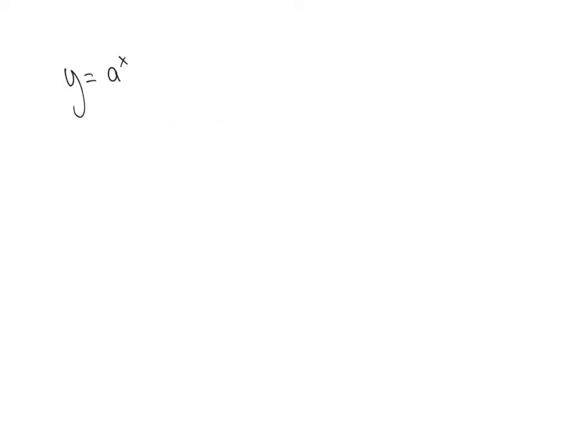So the first thing I need to do is rewrite it kind of fancy. I could rewrite this as e to the ln of a to the x. Because e and ln are inverses of each other, e and ln undo each other. So when I write e to the ln, that's the same thing as 1.